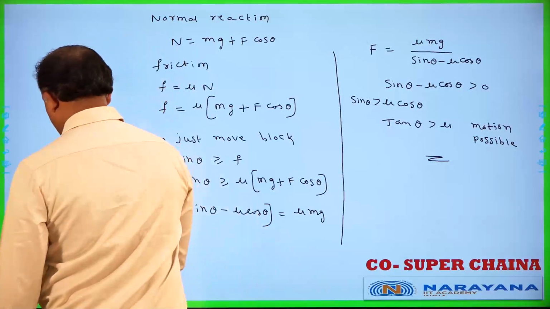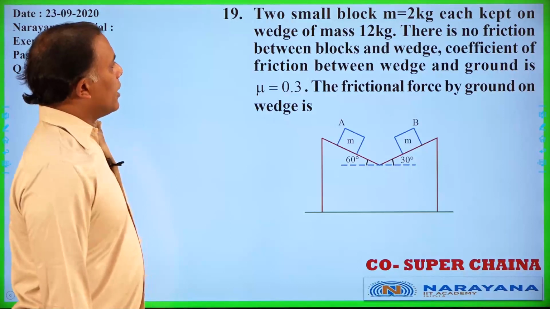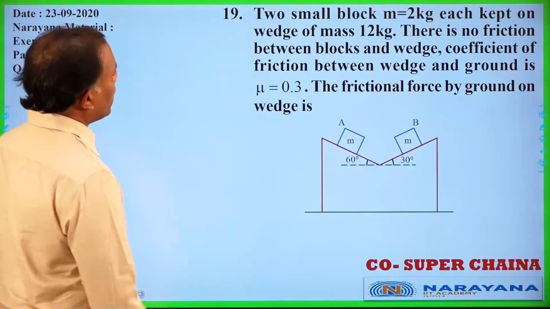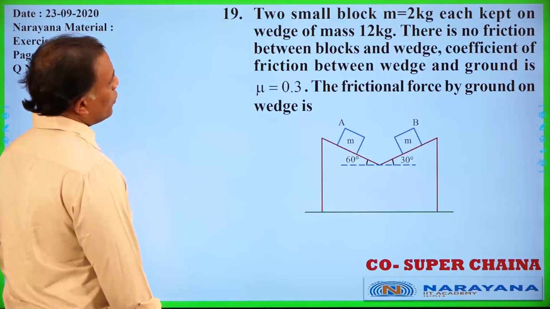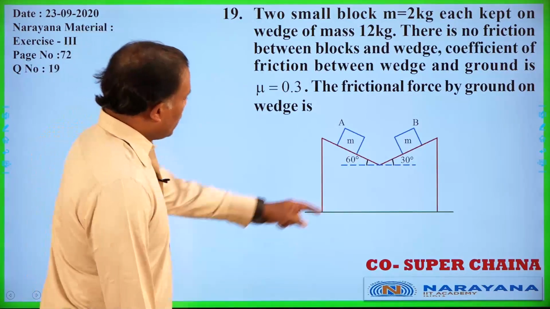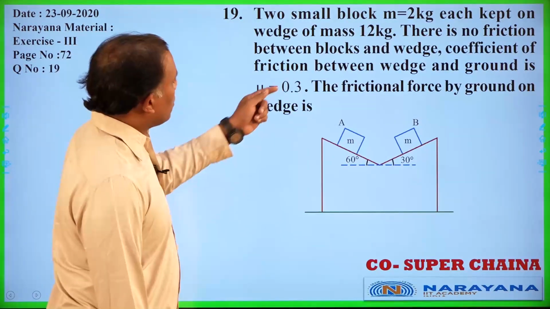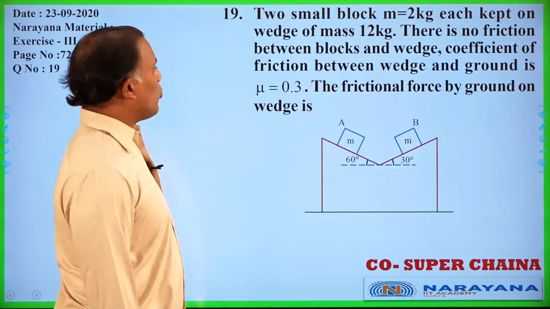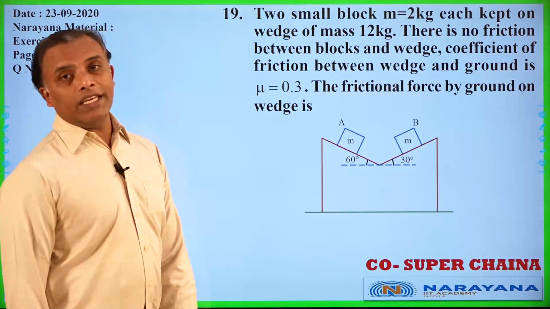As the next question, we can see here two small blocks, each of mass m equal to 2 kg, kept on a wedge of 12 kg. There is no coefficient of friction between the wedge and the ground. Next, the friction between wedge and ground is 0.3. The frictional force by the ground on the wedge is?